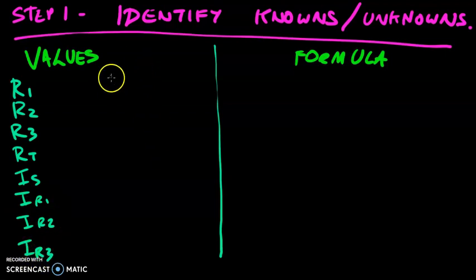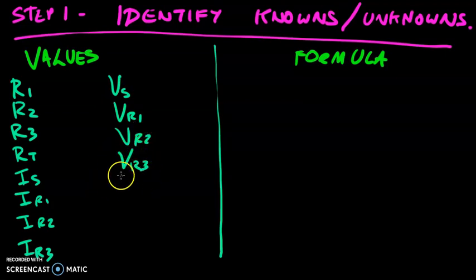We are looking for V. We already know VS, so we'll put that down. VR1, VR2, VR3. We are looking for power then, so power total, power resistor 1, power resistor 2, power resistor 3.